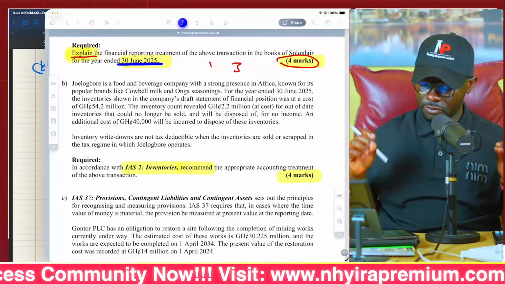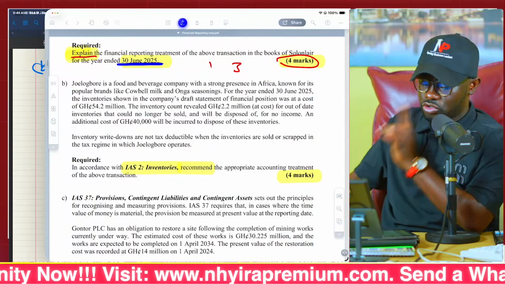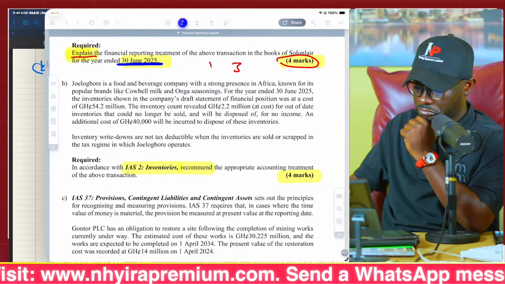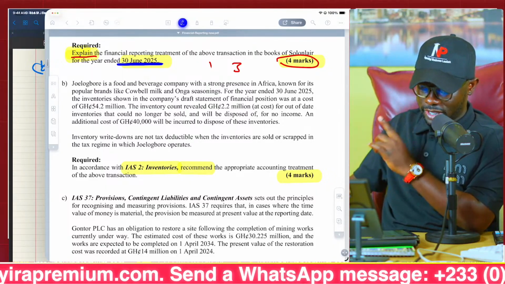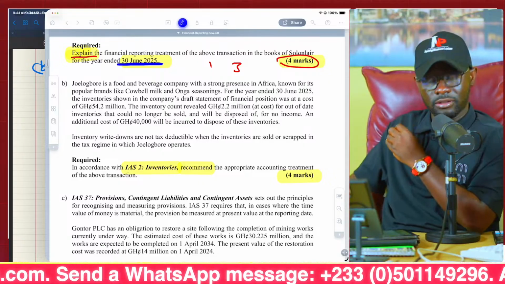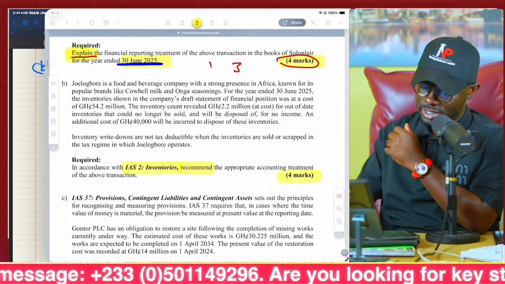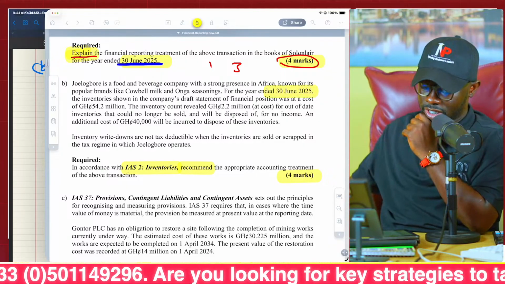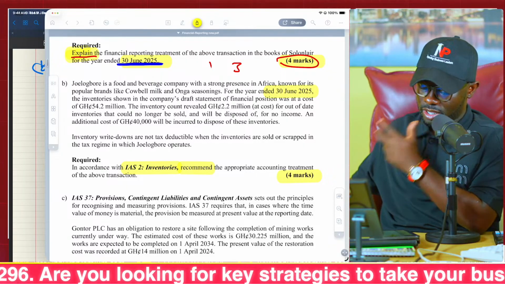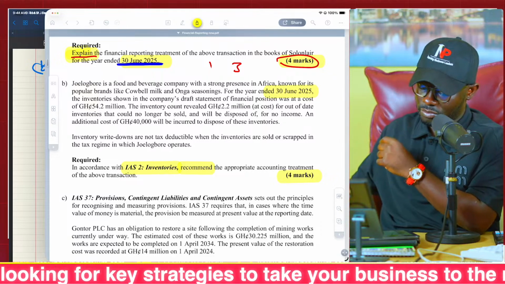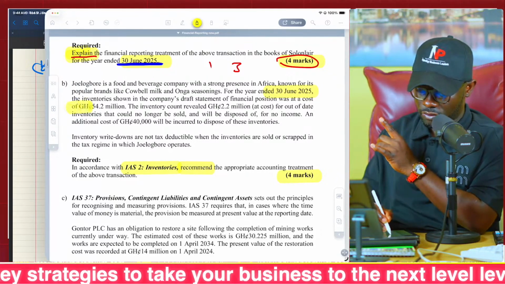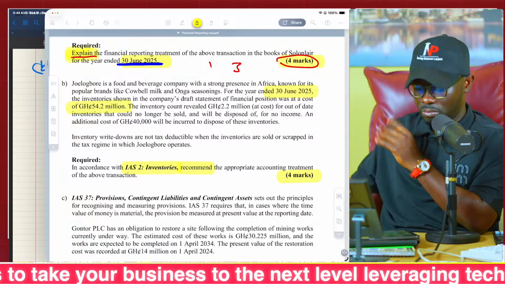Logbori is a food and beverage company with a strong presence in Africa, known for its popular brands like Cowbell Milk and Onga Seasoning. For the year ended 30th June 2025, the inventory shown in the company's draft statement of financial position was at a cost of 54.2 million.